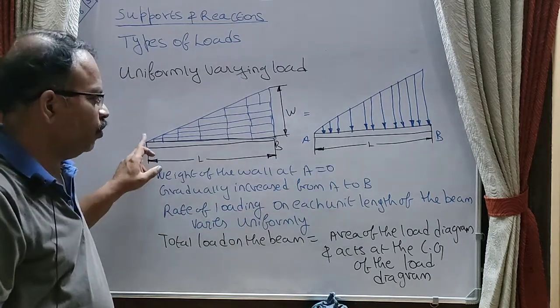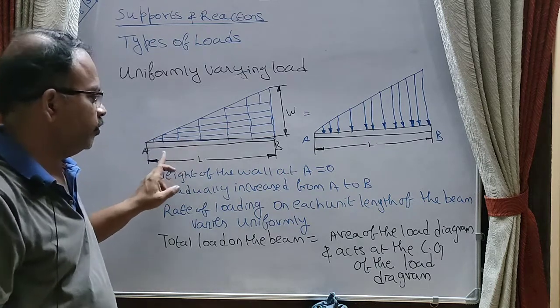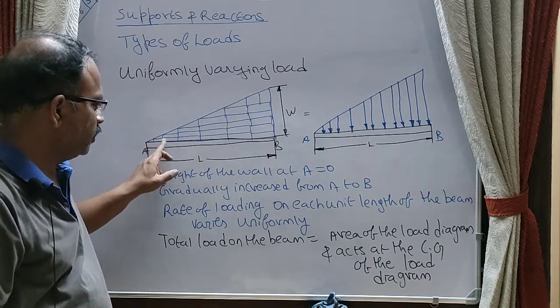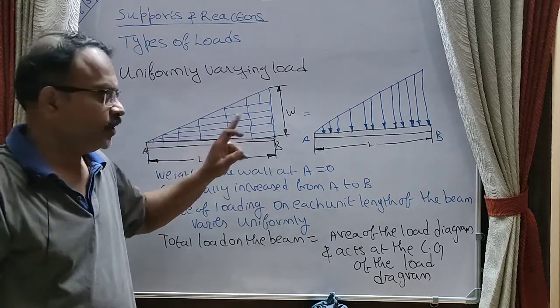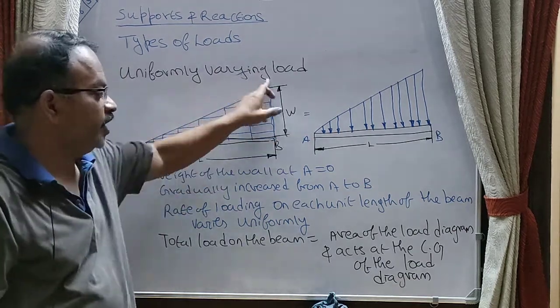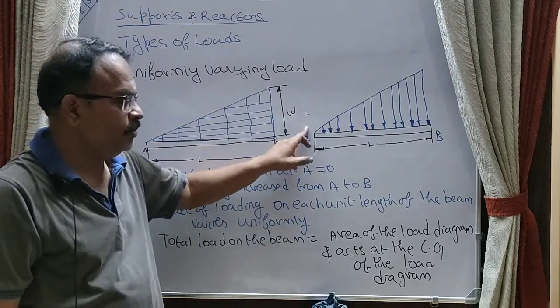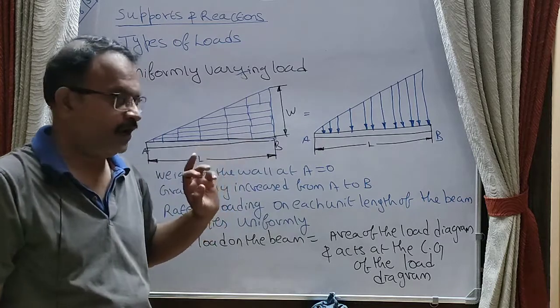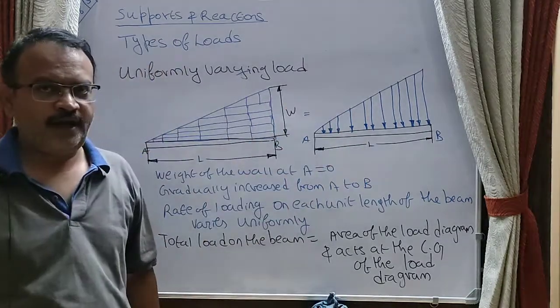Now the rate of loading on each unit length of the beam varies uniformly. That is why it is called uniformly varying load. So the total load on the beam is equal to the area of the load diagram, and it acts at the center of gravity of the load diagram.